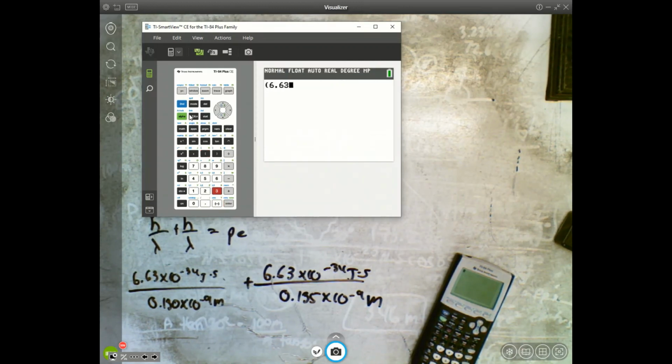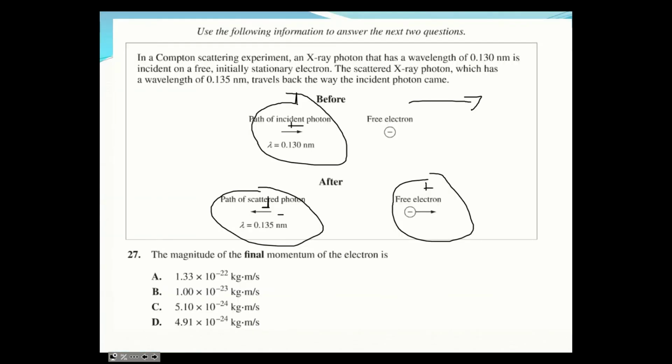So 6.63 times 10 to the negative 34 divided by 0.13 times 10 to the negative 9, and then we add on the other term. Right, and we get 1 times 10 to the negative 23, so we end up getting B as the correct answer. Okay. If you got that wrong because of the negative, easy mistake to fix.